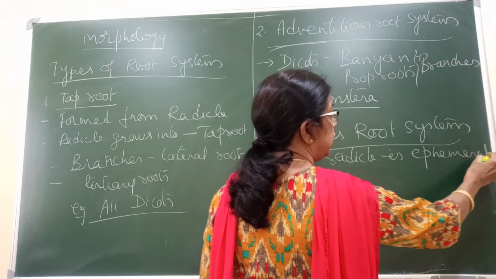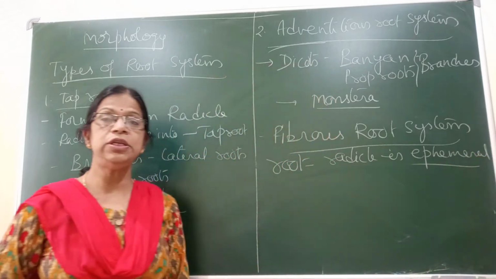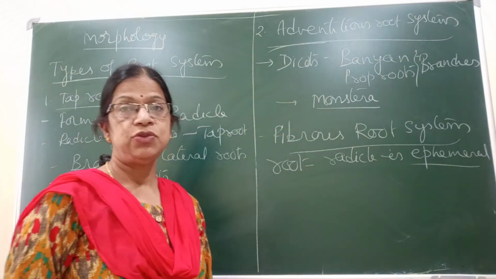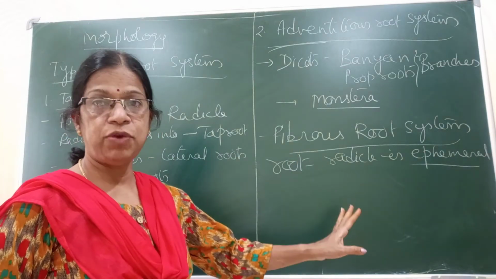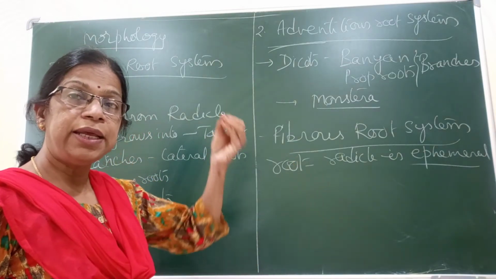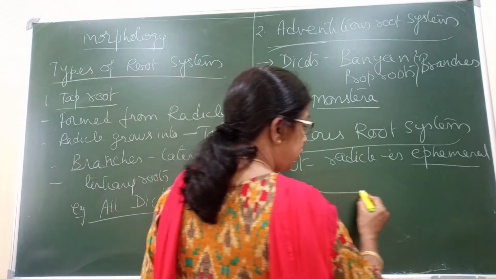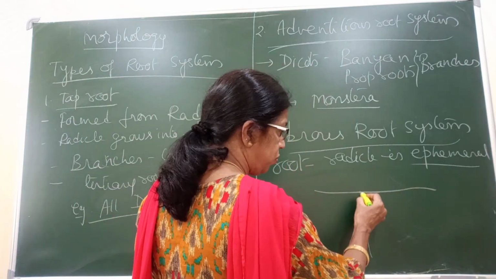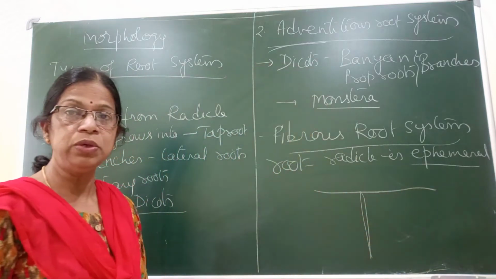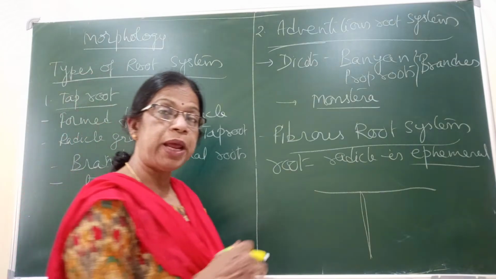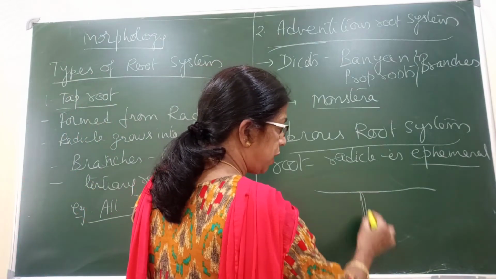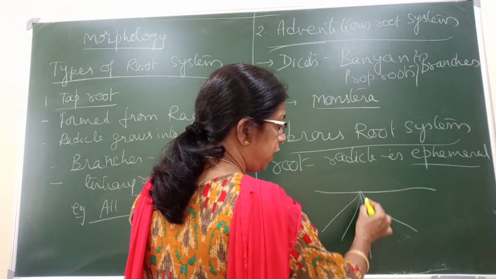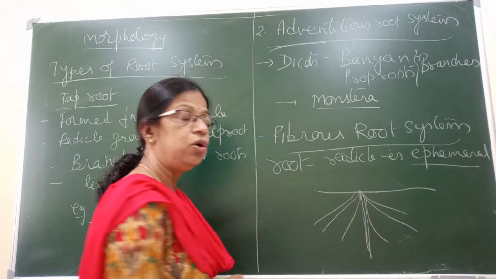Ephemeral means short-lived. So radical is short-lived or ephemeral, and this radical first grows as a taproot, as a primary root, but soon this primary root will be replaced by a cluster of many thin fiber-like roots.